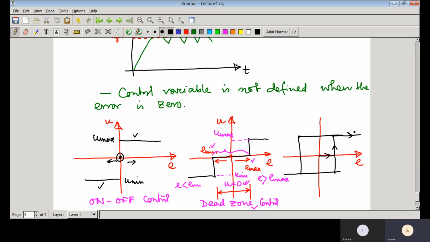But whenever the error is decreasing, it follows this path. Instead of jumping here, it follows this path. And then whenever the error equal to E min here, it jumps from this point to that point.